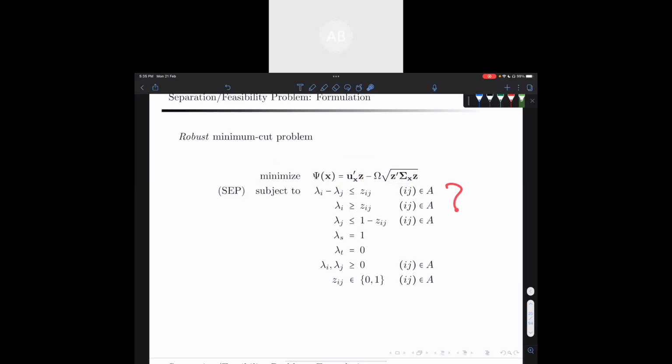And these constraints just make sure that you're only counting the arcs going from source to sink, not the arcs that might be coming back from sink to source.